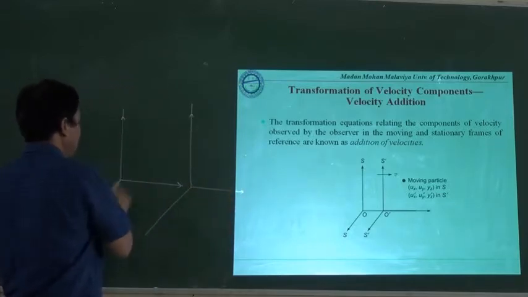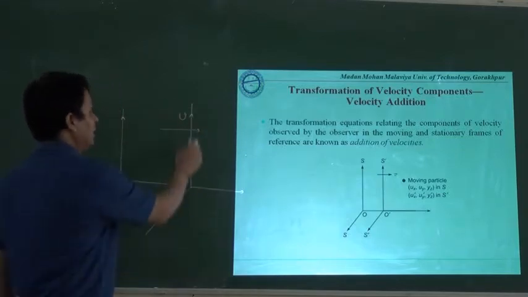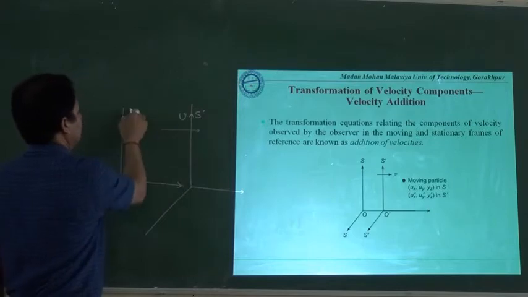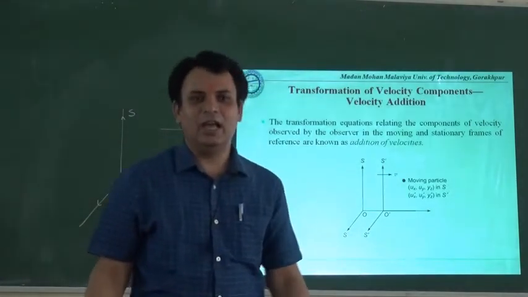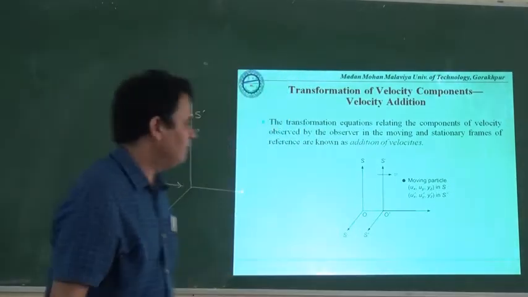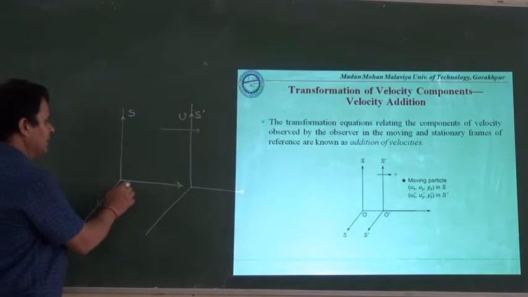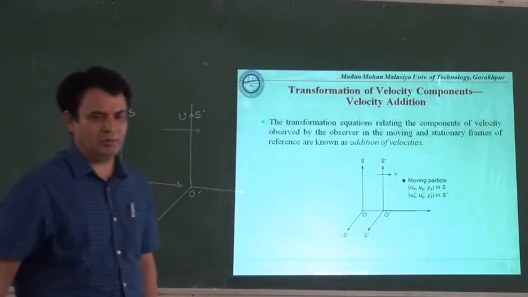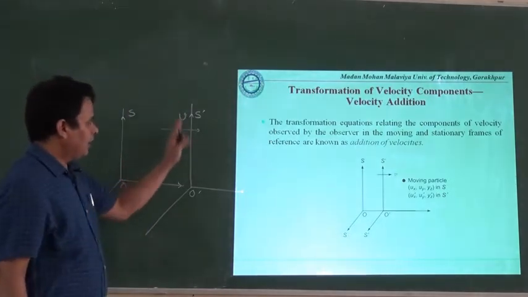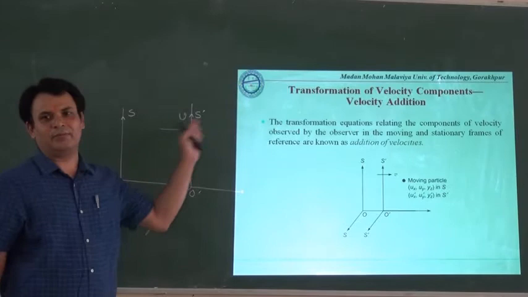It means that the second frame of reference is moving with a constant velocity with respect to the first one. The moving frame of reference is termed the S dash frame of reference, while the static one is the S frame of reference. Here O is the position of the observer, here O dash is the position of the observer, and all the axes will be termed according to the selection of the frame of reference.